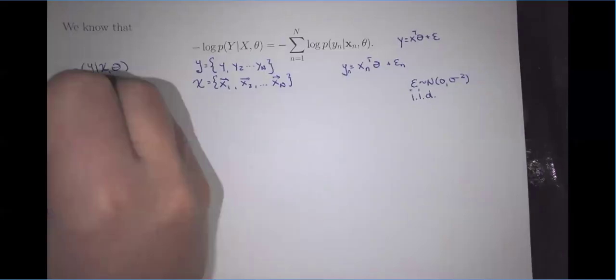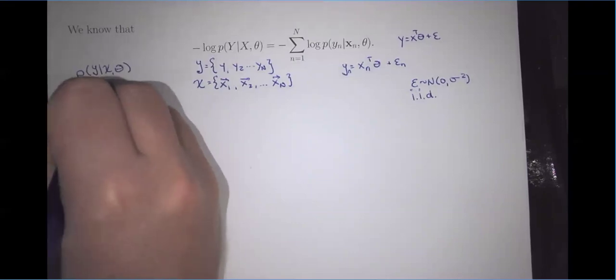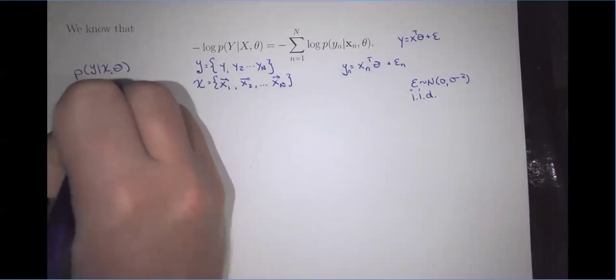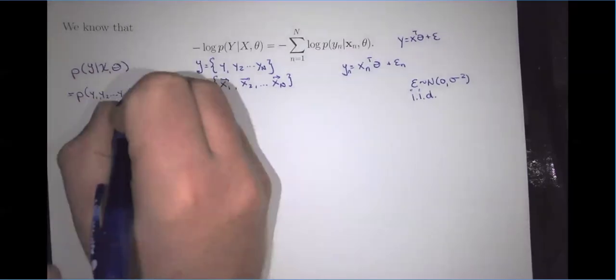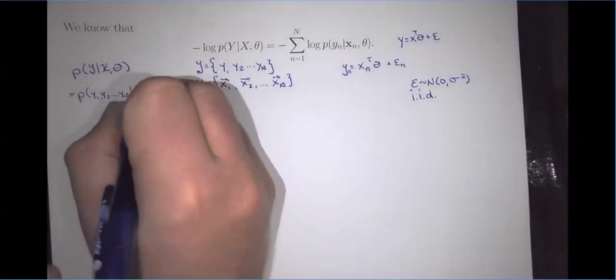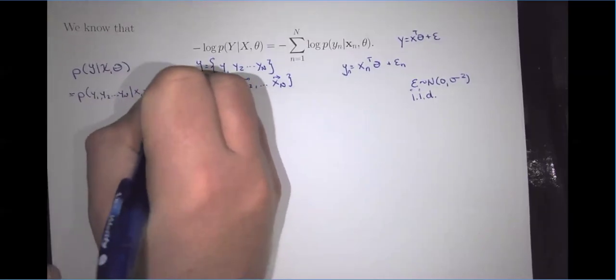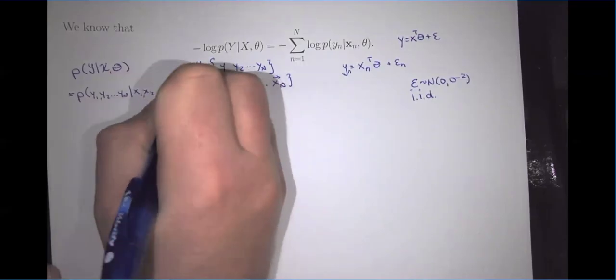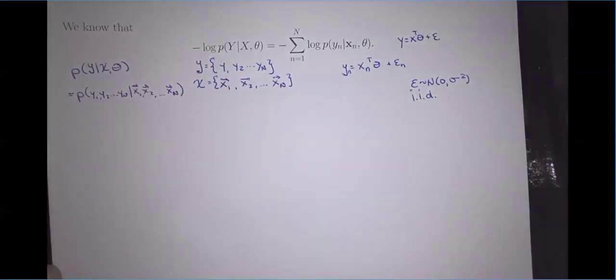Okay, so given that we know that, this is the probability then of y1, y2, up to yn given x1, x2, up to xn.